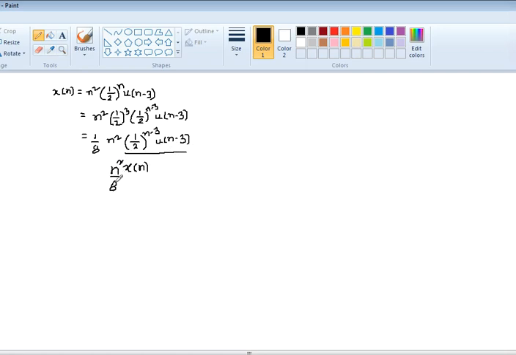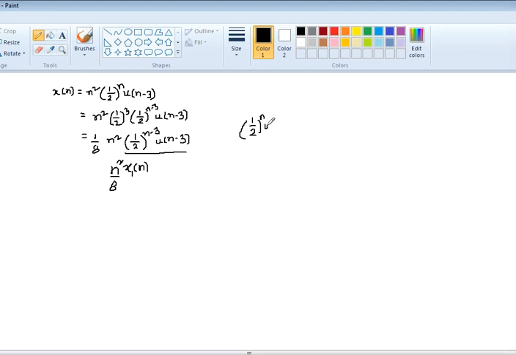So the z transform of this one, let's treat it as x1 of n. In order to find the z transform of this x1 of n, we need to know the z transform of 1 by 2 raised to n u of n. So we find 1 by 2 raised to n into u of n's z transform.